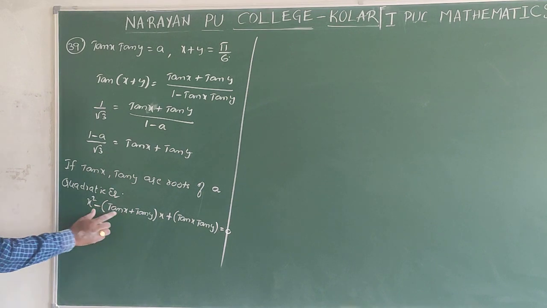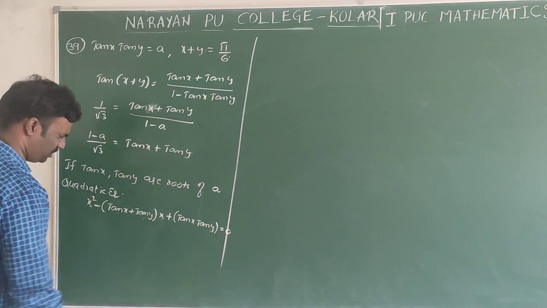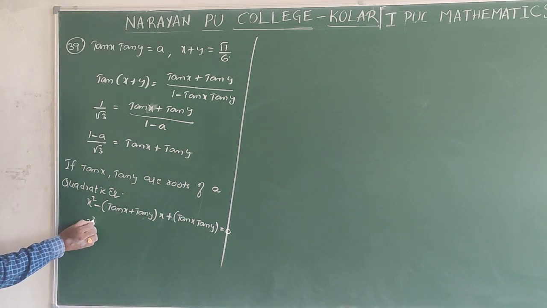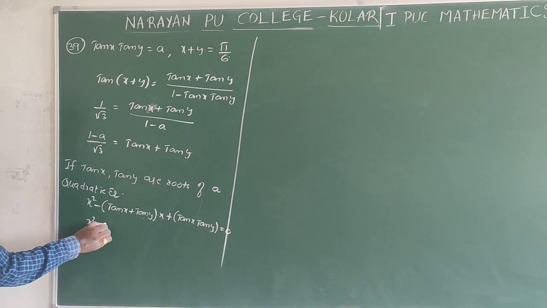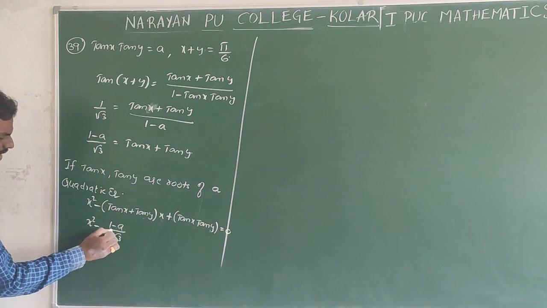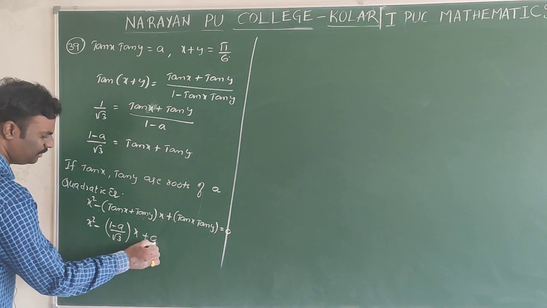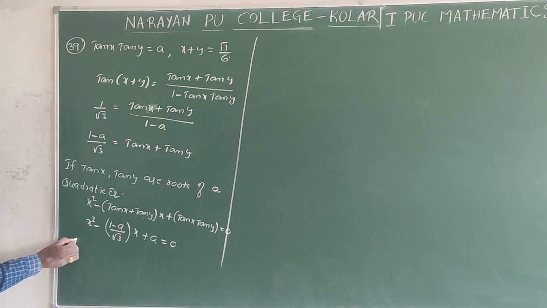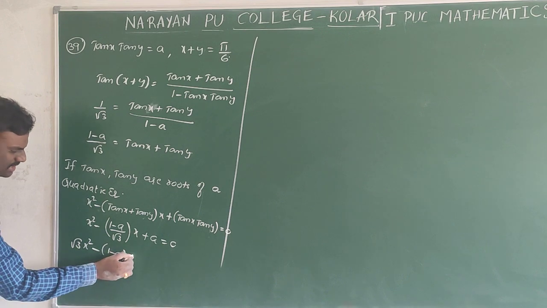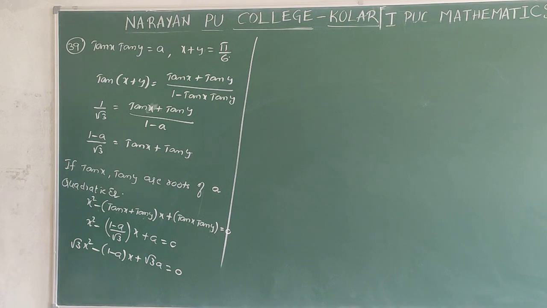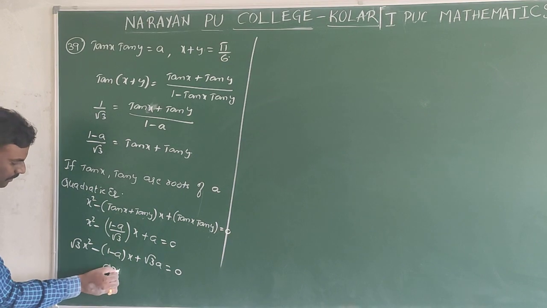Already we know tan x plus tan y and tan x tan y. Substitute. X square minus, tan x plus tan y, just now we got 1 minus a by root 3, into x plus tan x tan y, that is nothing but a. You cross multiply with root 3. Now root 3 x square minus 1 minus a into x plus root 3 a is equal to 0. This is the final answer for question number 39. That is nothing but option B is the correct answer.